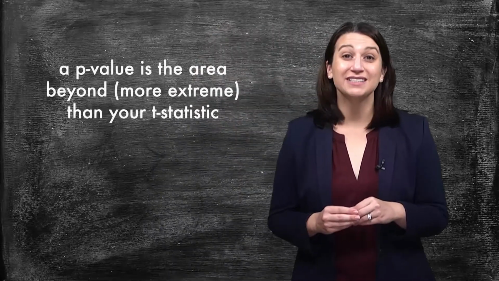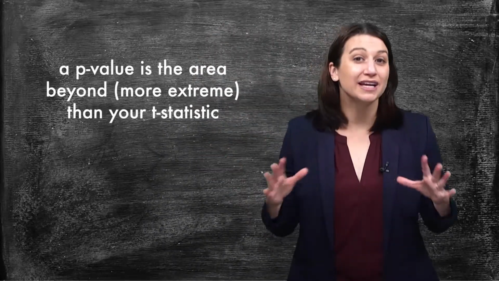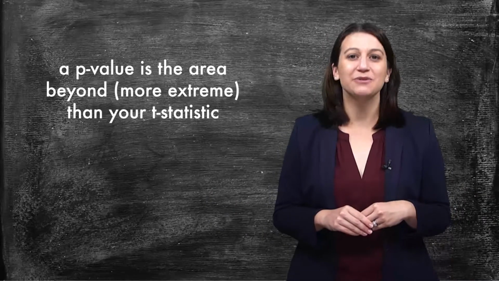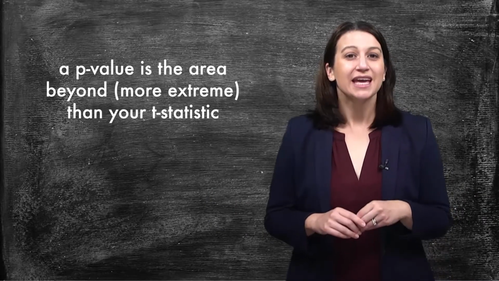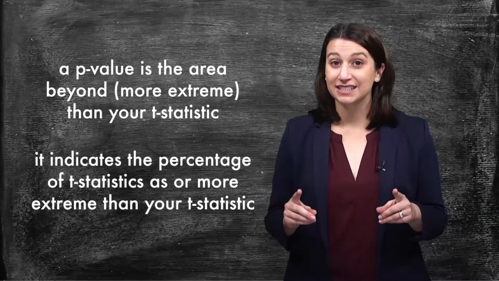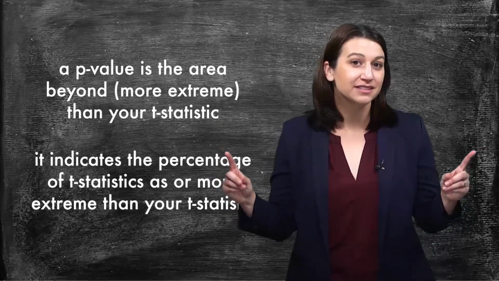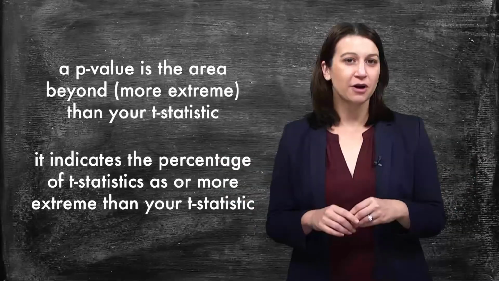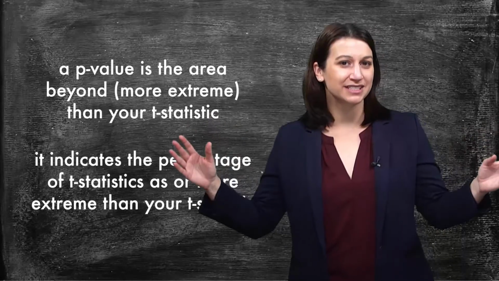Specifically, a p-value is the area beyond or more extreme than the t-statistic we calculated from our sample. It will be the area from our t-statistic out towards the tails, similar to how we shaded before from our critical values out towards the tails for our rejection region.